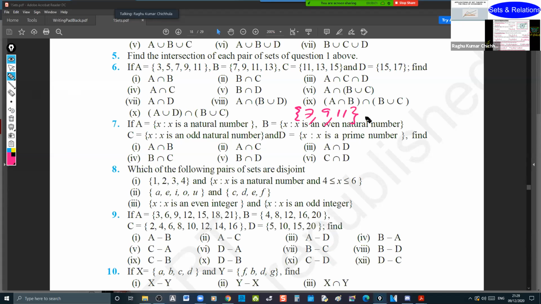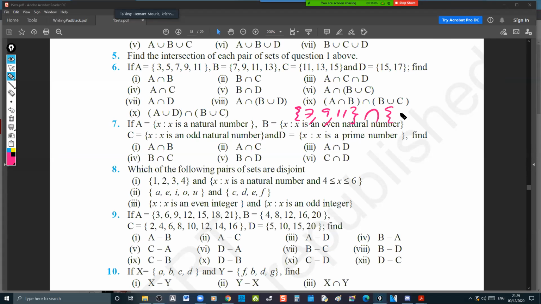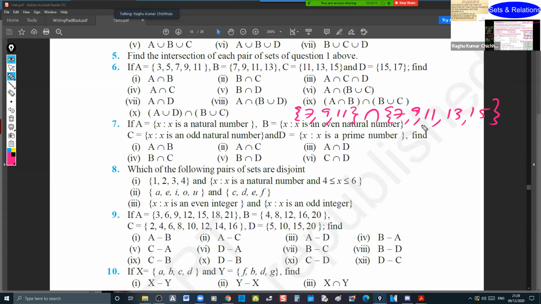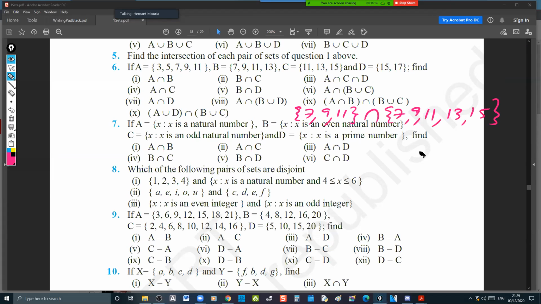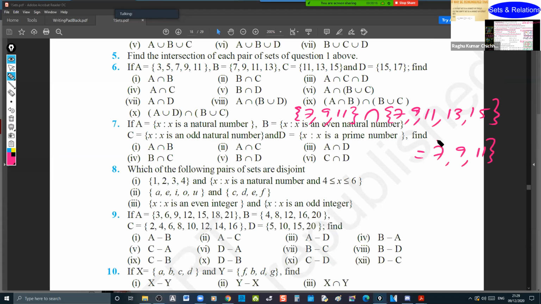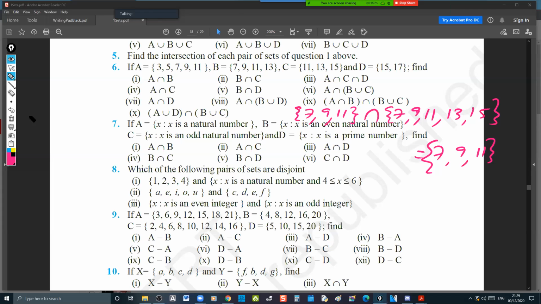And what is B union C? 7, 9, 11, 13, 15. So what is common to both now? 7, 9, and 11, sir. That's it. This is very easy to write. I need not explain you, I think. If you confirm, I'll move forward. Both of you? Sure, sir.